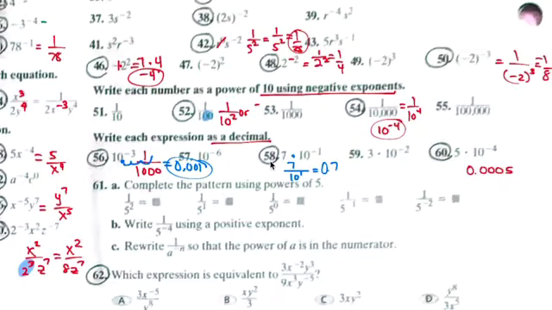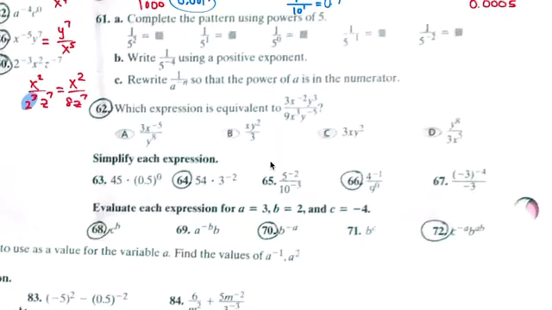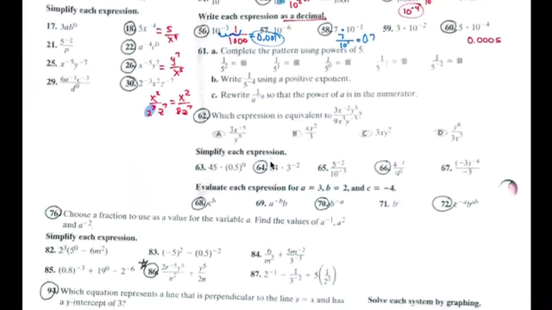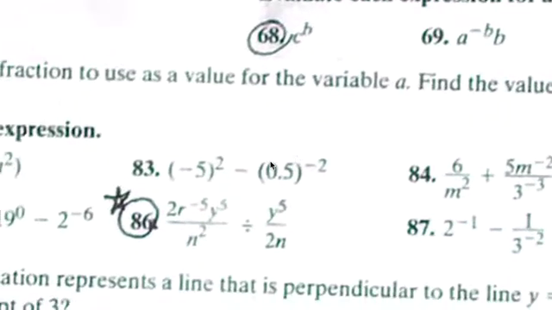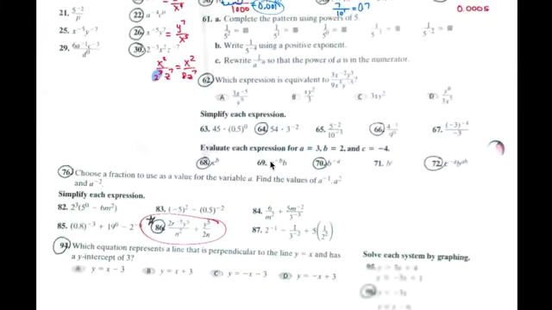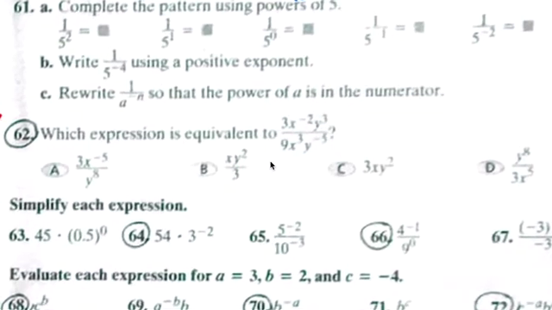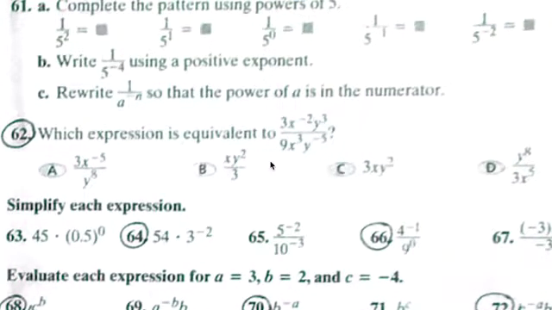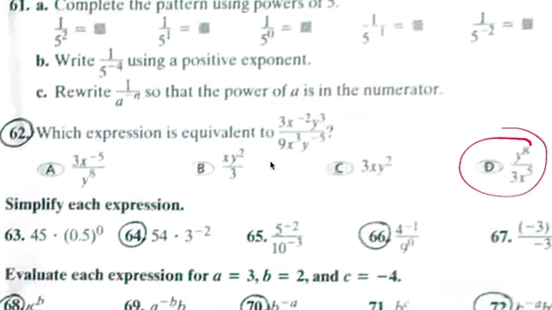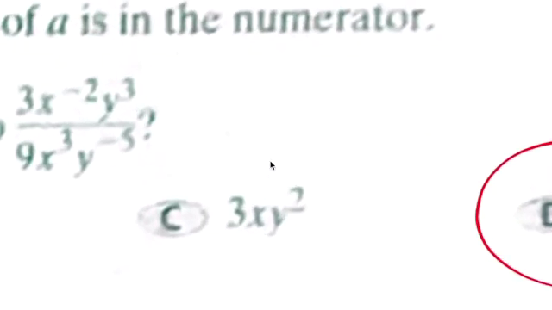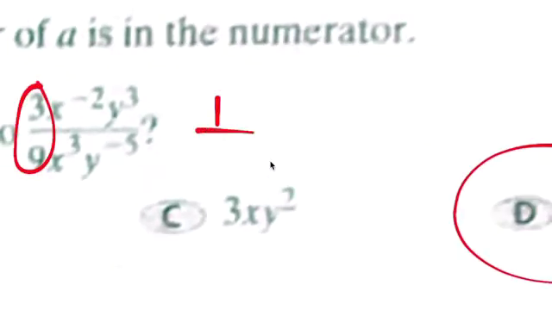Okay, and then 62. I think one of these is an extra credit question. I think I starred it. 86 is an extra credit question, okay? 62 is, the answer is D. Reduce this to 1 over 3.